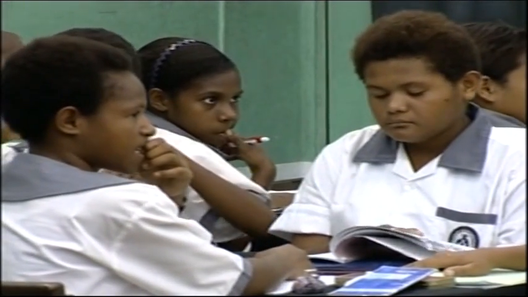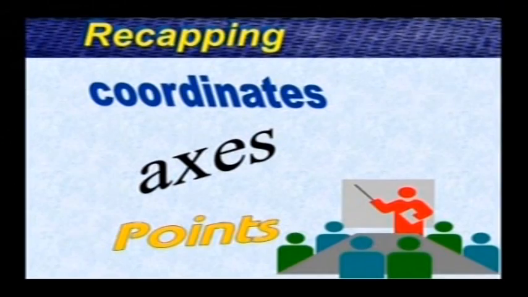Let's revise what we have learned in our previous lesson. On the screen, we will recap some of the points that we have covered, like coordinates, axes, points. Now, students, I'd like us to look at the whiteboard here.